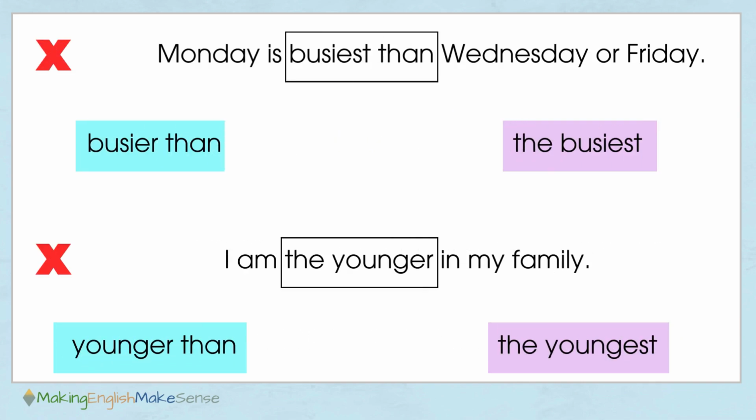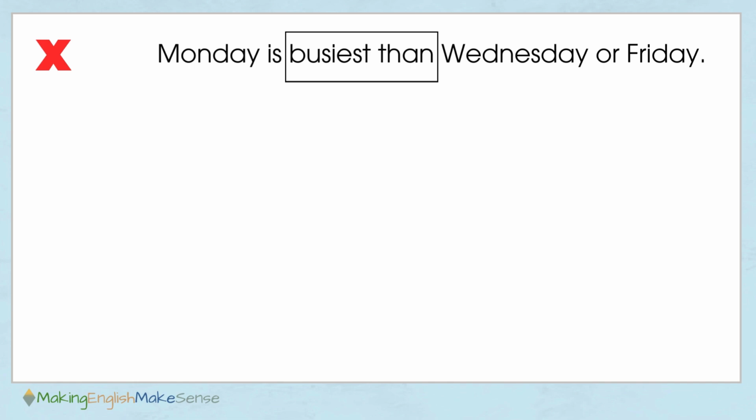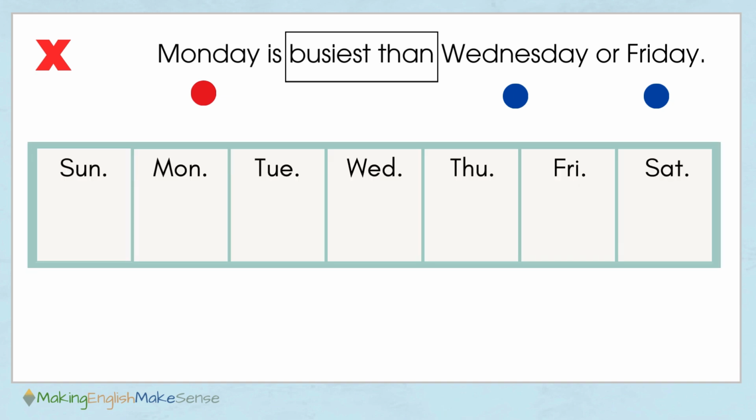Now going back to our final two sentences, which type of construction should be used? A comparative construction or a superlative construction? Let's start with Monday is busiest than Wednesday or Friday. Our subject noun, Monday, is being compared to multiple members of a set, but not to all the other members of the set.